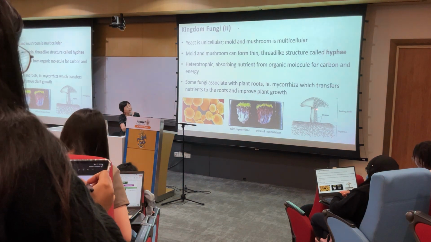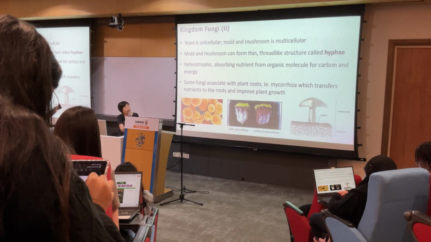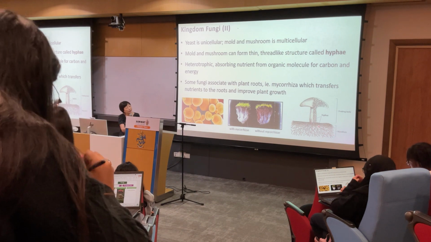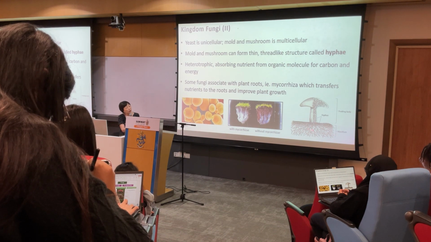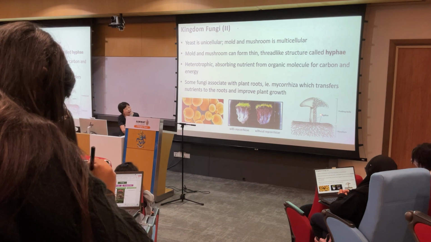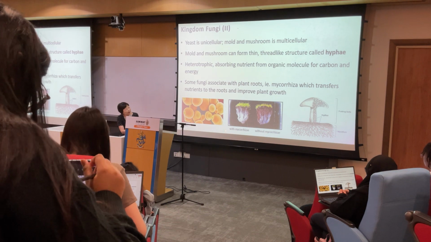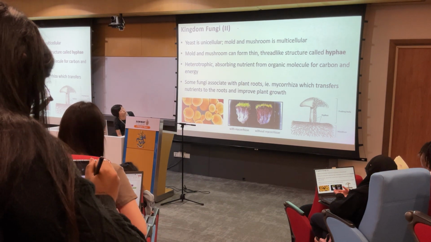Mushroom, as you see, has an intact body. But under the microscope, you will see there is a lot of fiber. They cross-link to each other as a network. These are the hyphae. Each of them is one piece of hyphae. And of course, here is another one.